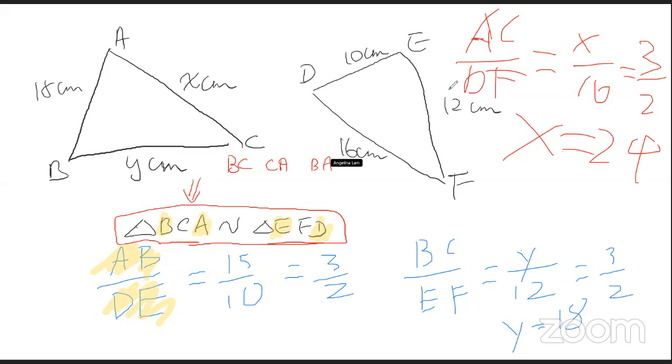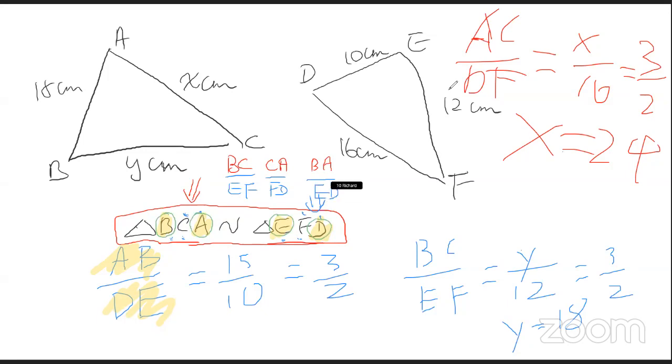For the other triangle, if I look at BC here, then BC pairs with EF. CA pairs with FD, and finally BA pairs with ED.